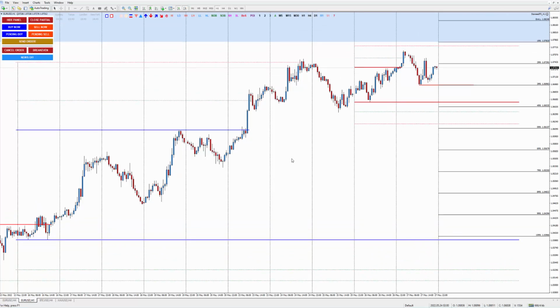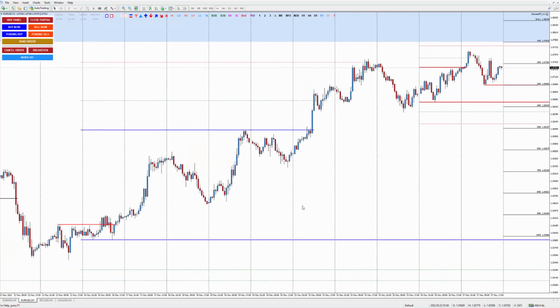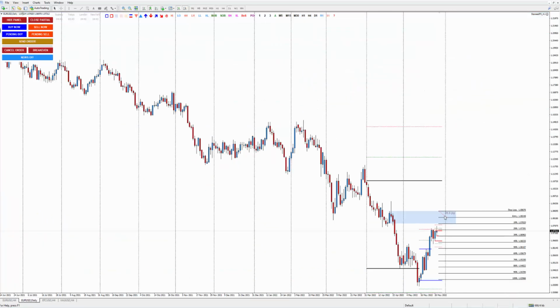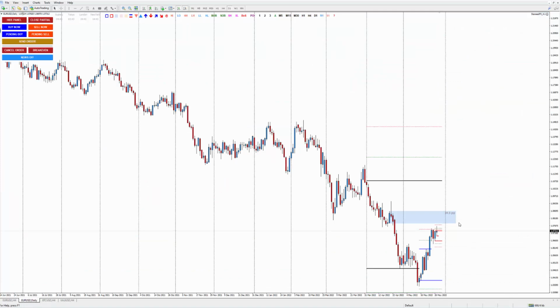So you just have to focus, when it comes to market structure in general, on understanding the highs and the lows, because the most important thing is the break of structure.